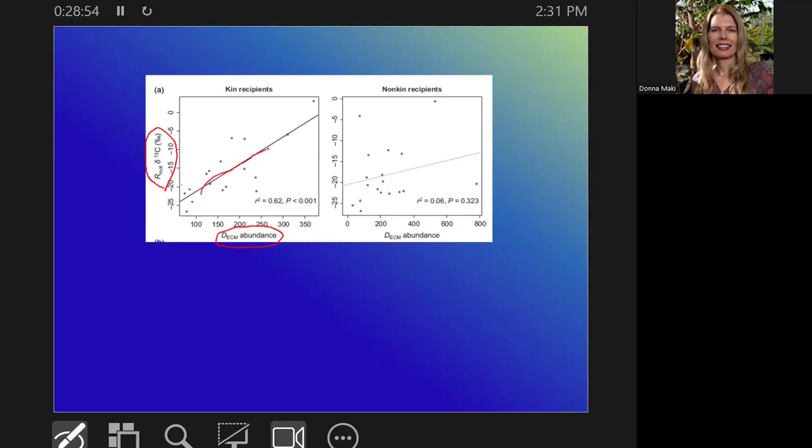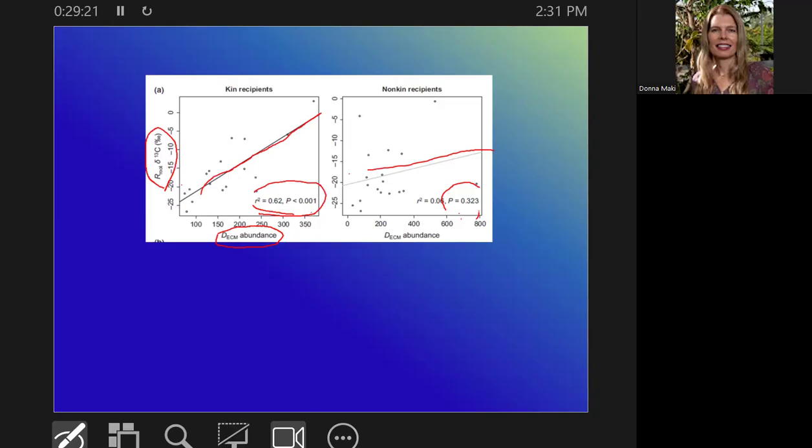You see this nice positive correlation if they were kin. Non-kin, there's no significance. The p-value is way above 0.05, so it's definitely not significant. You can see it's much more flat, data's all over the place, whereas the kin was definitely significant.